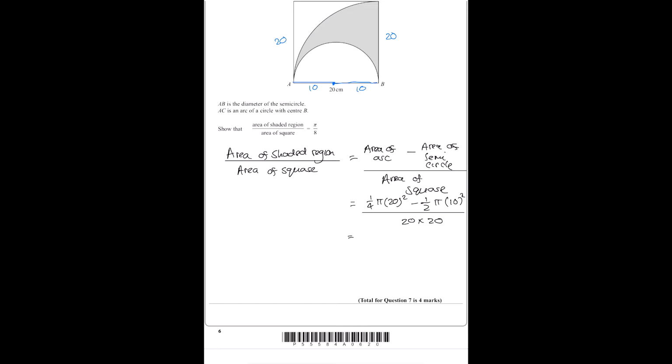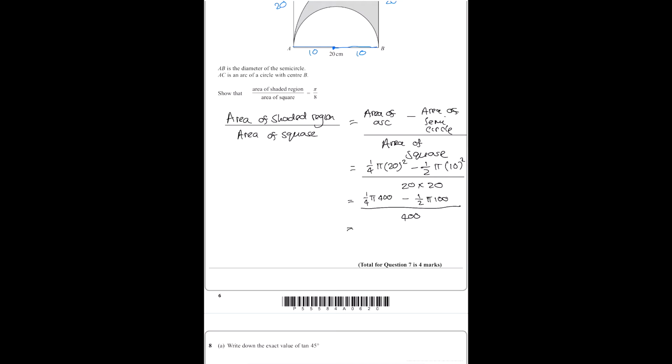So if we do this, we get a quarter pi. 20 times 20 is 2 times 2, which is 4, times 100, which is 400, minus 1/2 pi times by 100, and then that will be over 400.